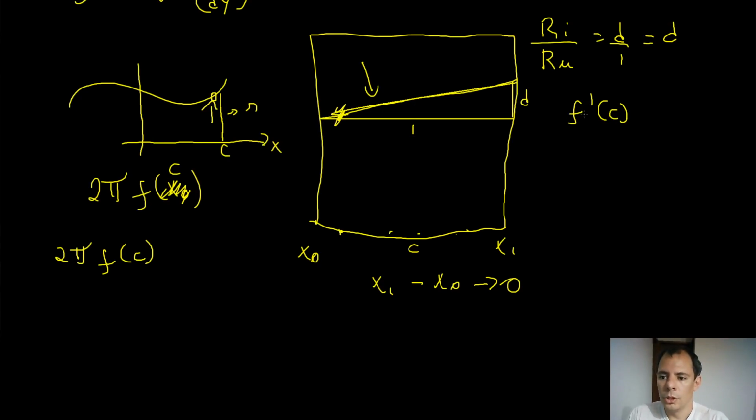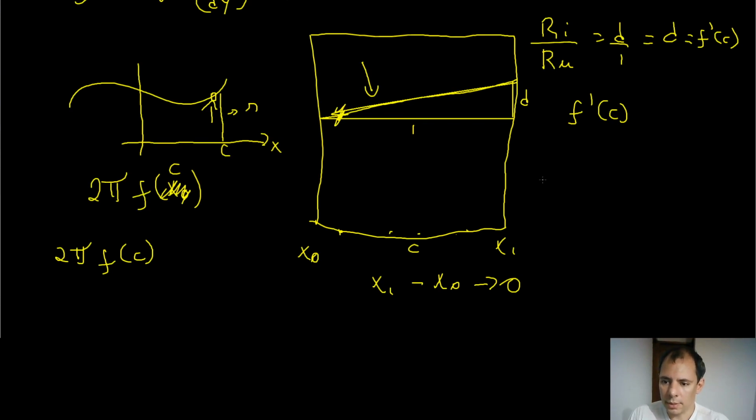So d divided by 1 equals d, and d divided by 1 also equals this. So d equals the first derivative at the point C. So what is this length right here?